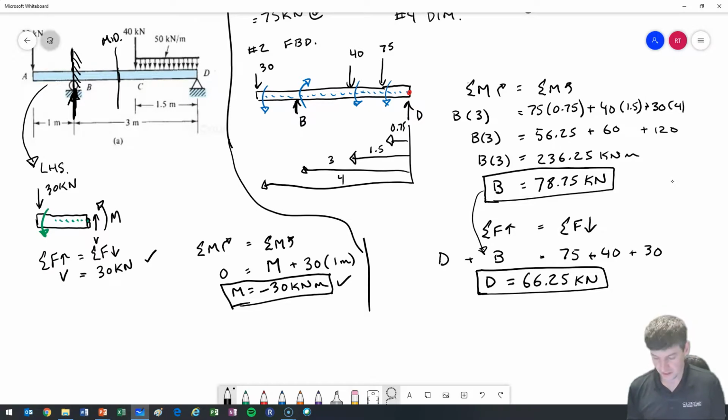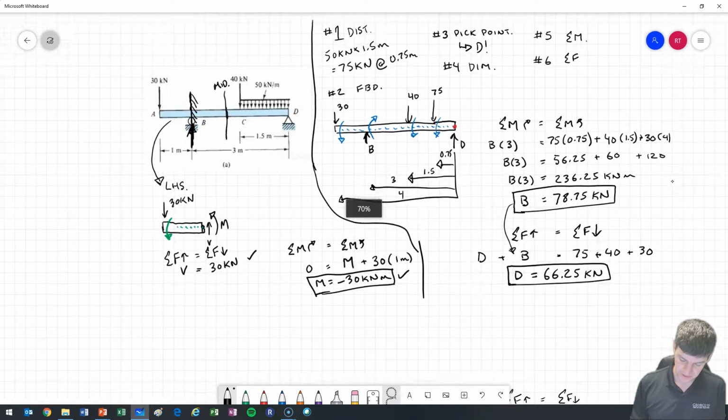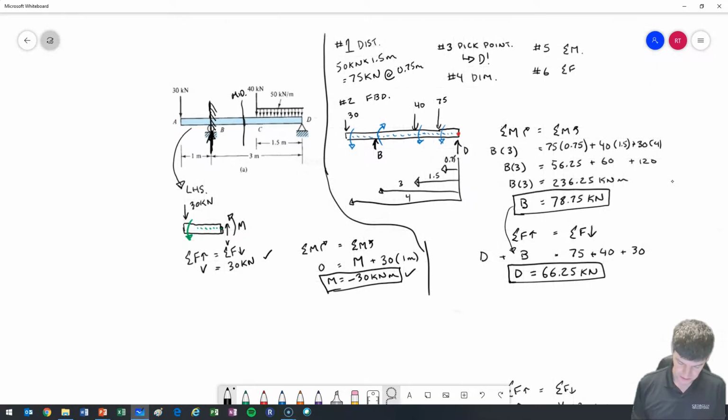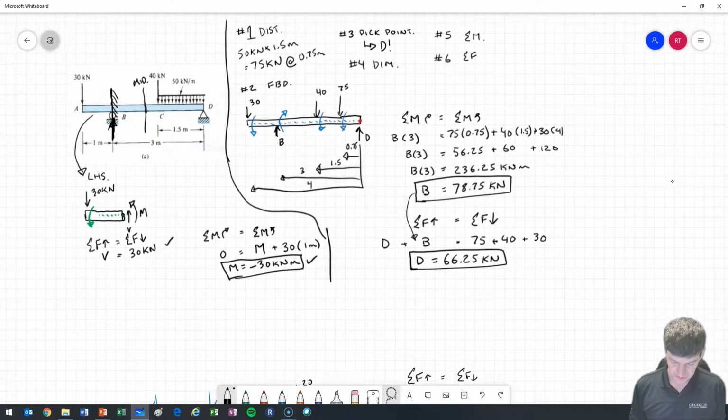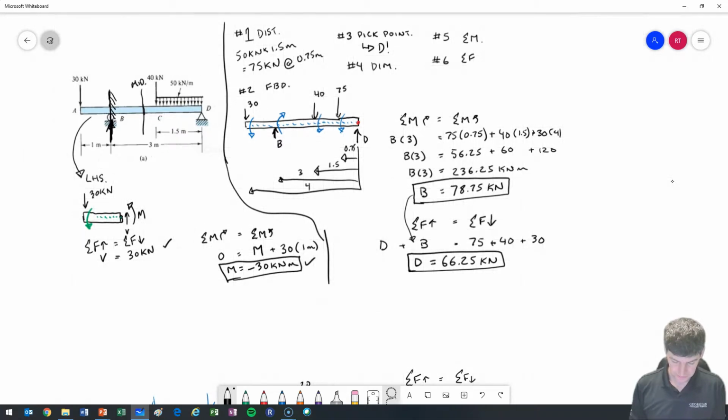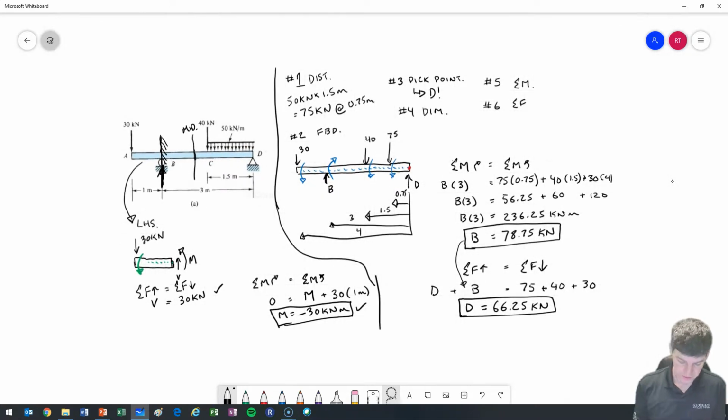Okay. So, are we done? No, we've only found at this point the external loads. So now we need to find our internal loads. I'm going to transpose this over to this drawing, and then we're going to make a bit more space. So 78.75 for B, and D 66.25.